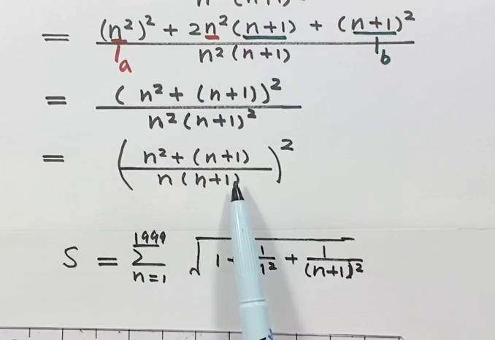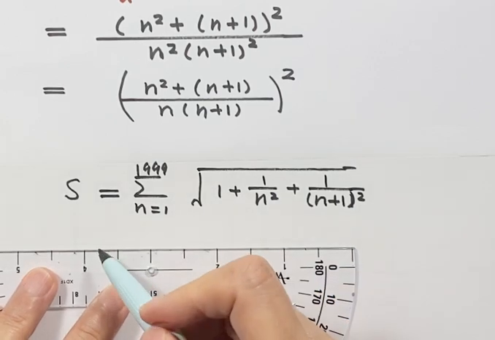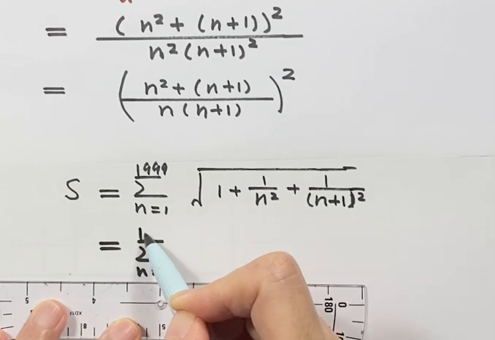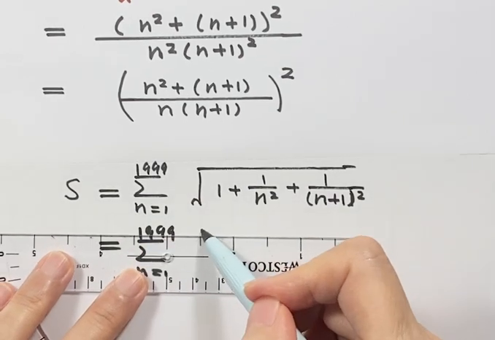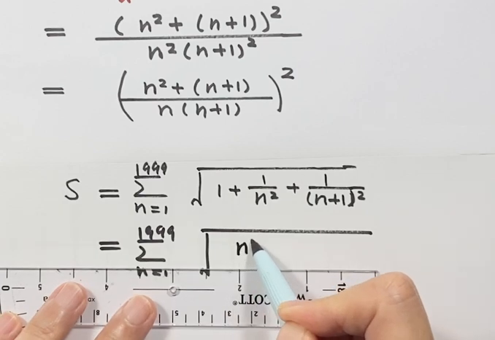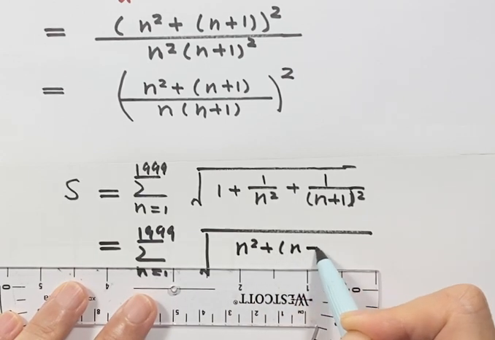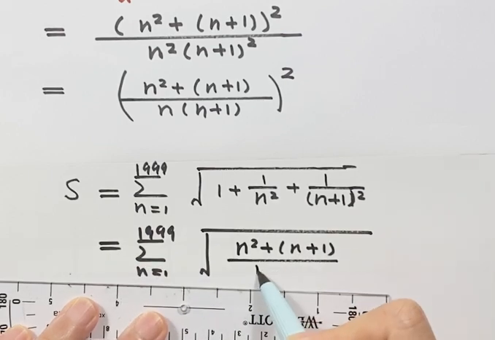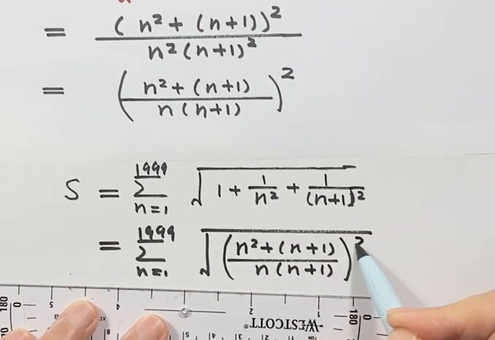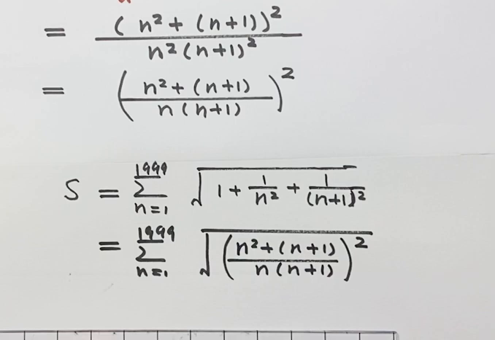Now we can use this to replace the part under the square root. So here we have n squared plus n plus 1 over n times n plus 1, the whole thing squared. So now you can tell, the square and the square root can cancel out.